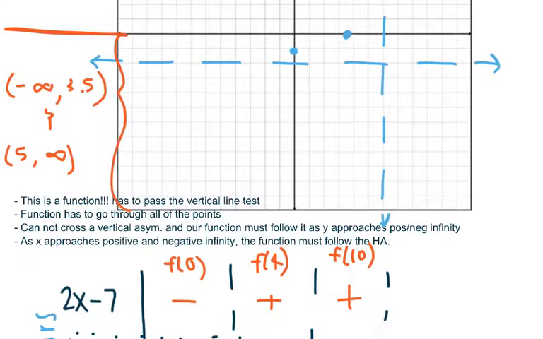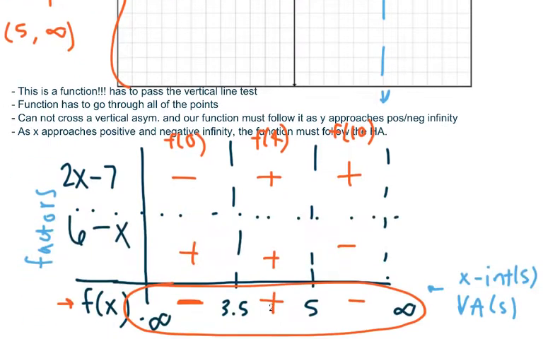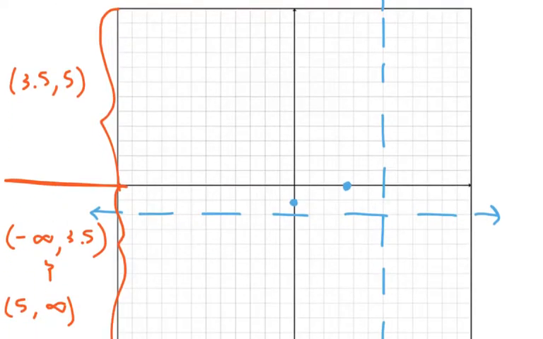My function is below the x-axis, okay? And then from 3.5 to 5, my function is up here. It's above the x-axis. So that means the only place my function is above the x-axis is in this little sliver.